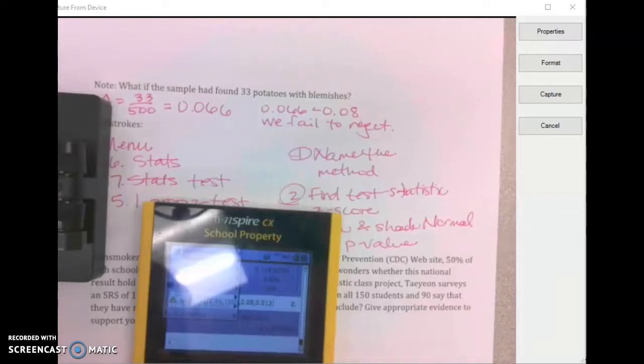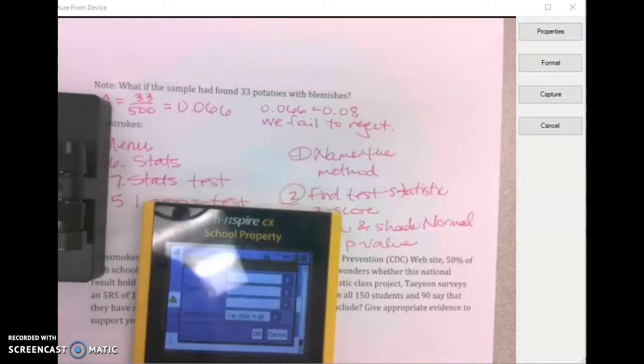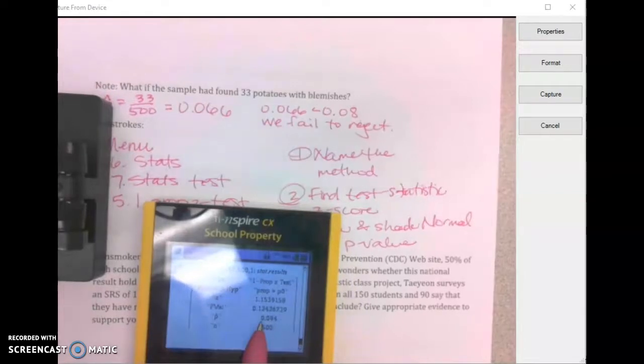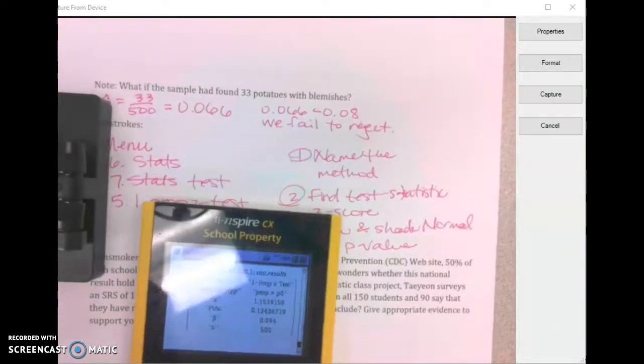Alright, menu 675, 0.08. Our successes were 47, 500. And you see that our p-value is 0.124. So you can do it that way.